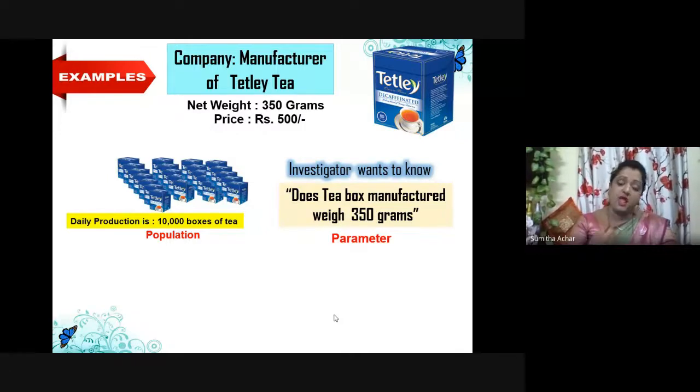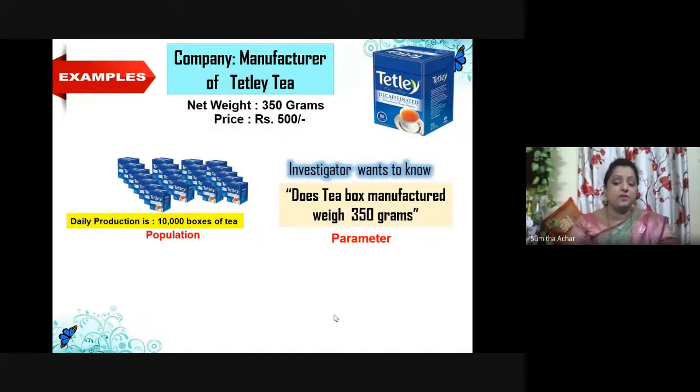When I'm paying 500 rupees, I expect 350 grams of the product because that is what the company claims. But if the company claims 350 grams and gives me only 200 grams, definitely I will go back and demand a replacement, or an exchange, or a refund, isn't it? This is a common behavior.